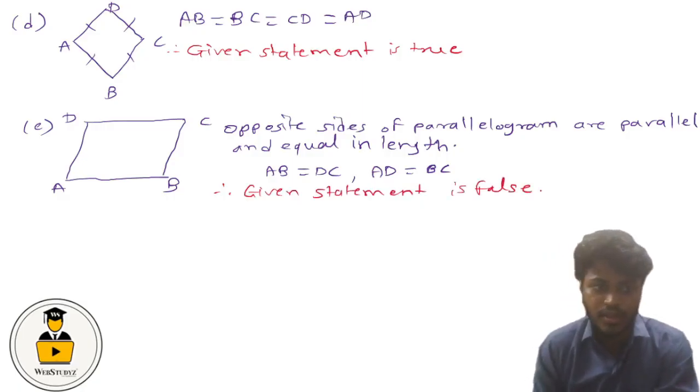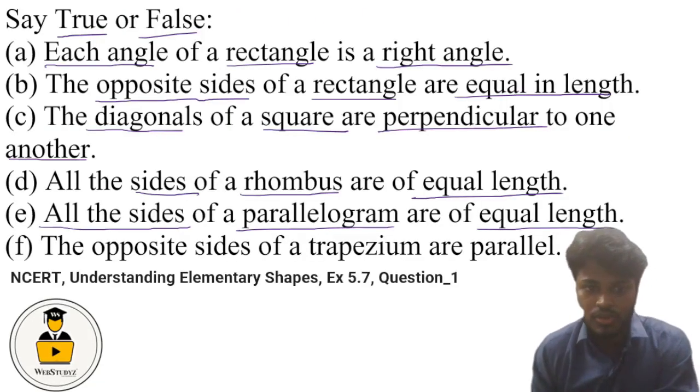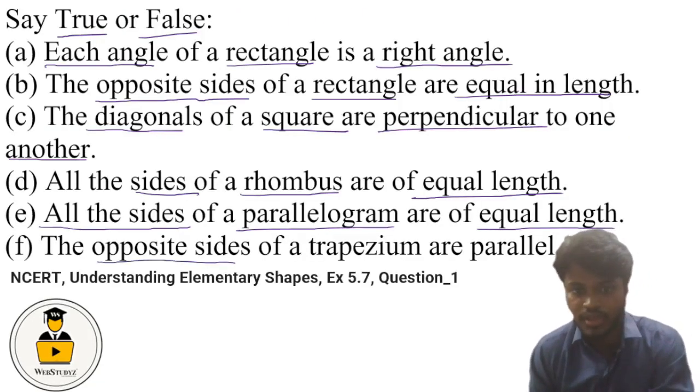Now let us consider the next question. The question says that the opposite sides of a trapezium are parallel. Let us consider a trapezium. Let us assume ABCD is a trapezium.